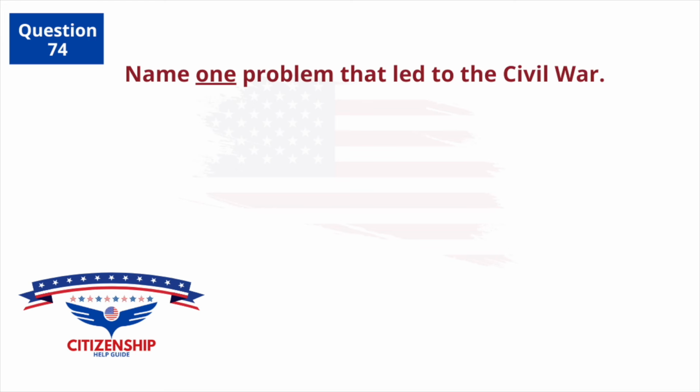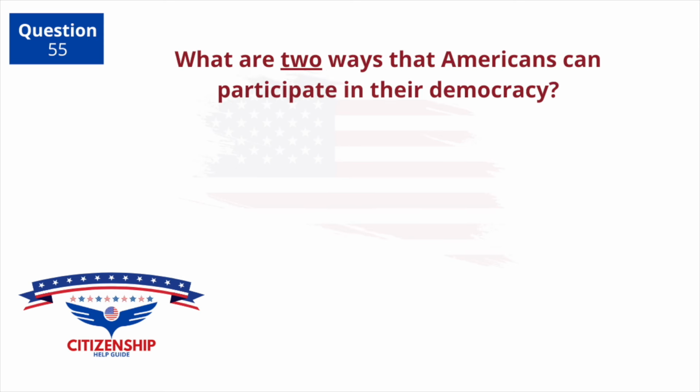Name one problem that led to the Civil War. Slavery. What are two ways that Americans can participate in their democracy? Vote. Join a political party.